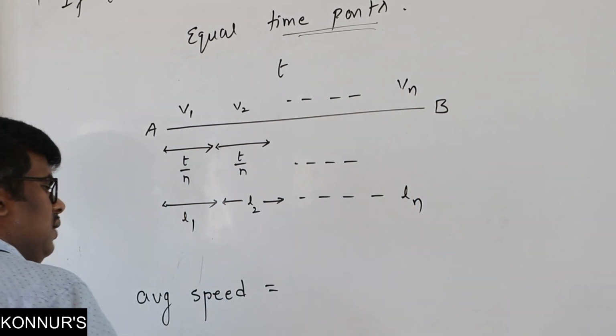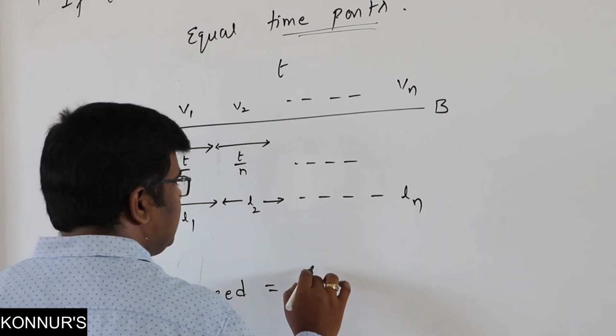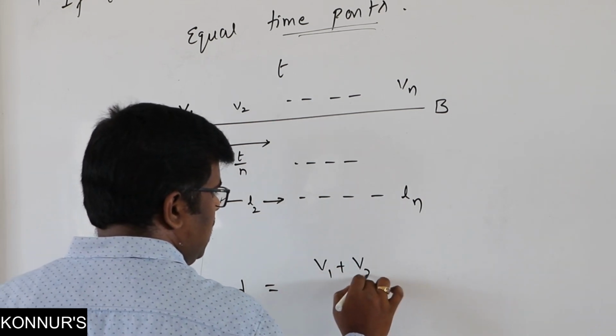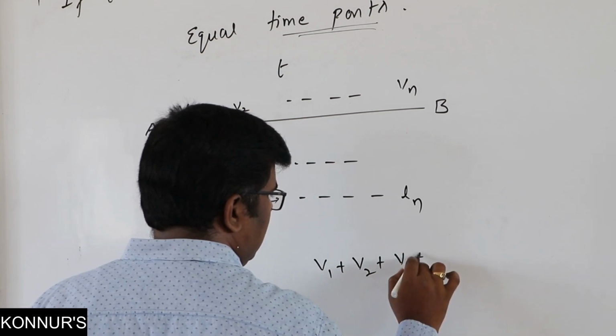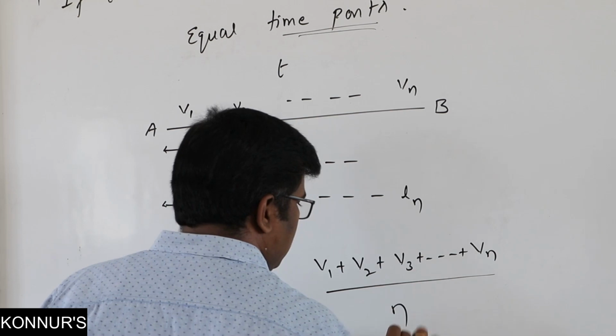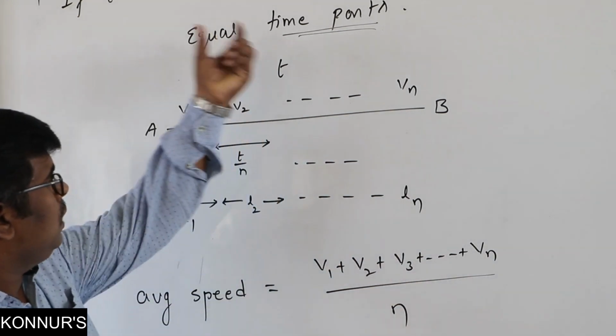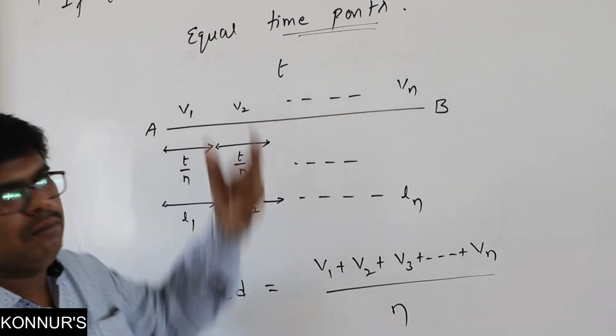Then the average speed is the average of the speeds in this case, that is (V1 plus V2 plus V3 and so on, Vn) by n. So the average speed is the average of the speeds when you divide the time into n parts.